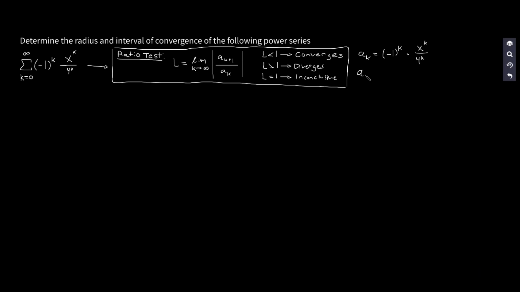And then to get a sub k plus 1, everywhere where there's a k, we plug in k plus 1. So -1 raised to the power of k plus 1 times x raised to the power of k plus 1 over 4 raised to the power of k plus 1. And then that's going to set us up for the ratio test.